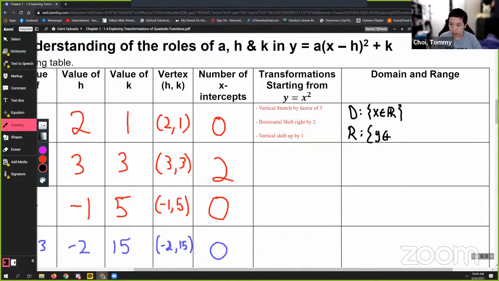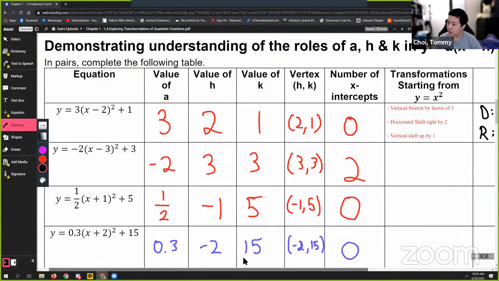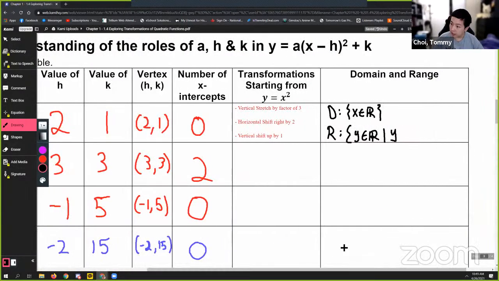So you start off the same, y is an element of real numbers, such that there is a restriction. We think, does it open up or down? This one opens up. It's a positive A value. So since it opens up, we write greater than or equal to.